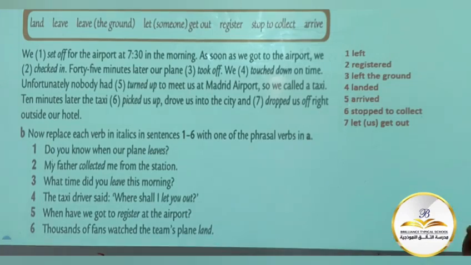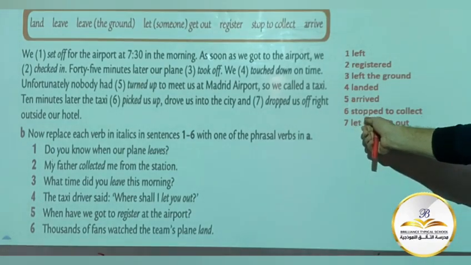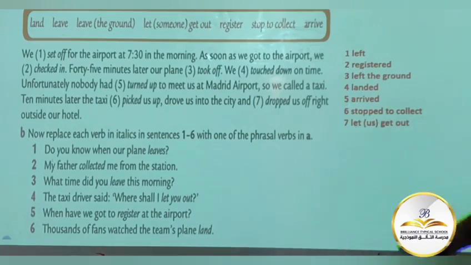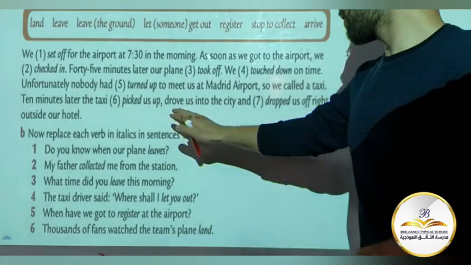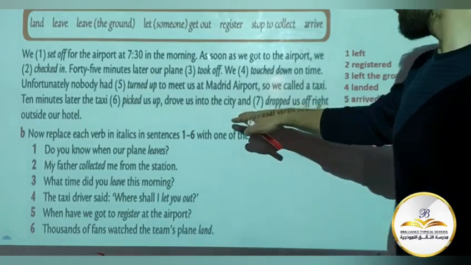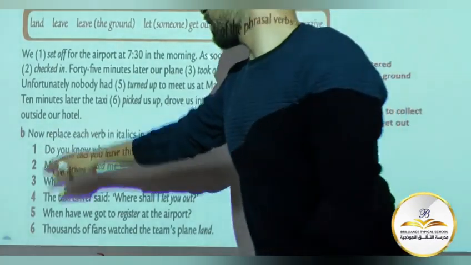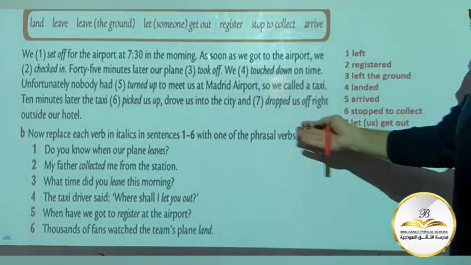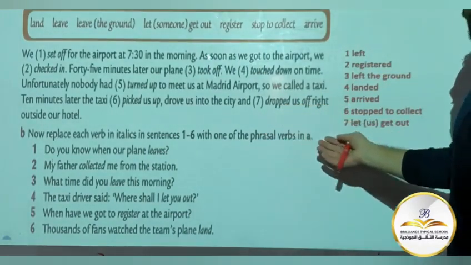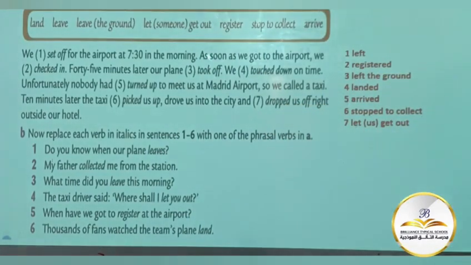What is the meaning of pick somebody up? It means stop to collect or give a ride. It drove us into the city and dropped us off right outside our hotel. What is the meaning of drop us off? It means let us get out.